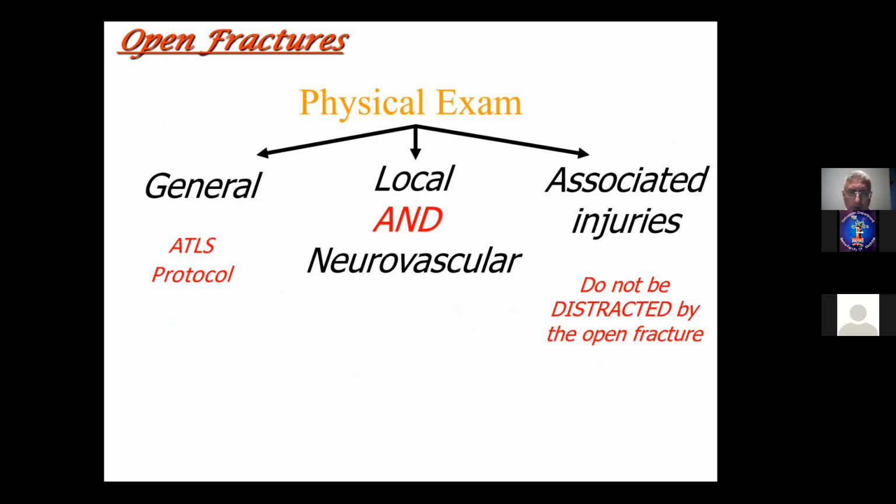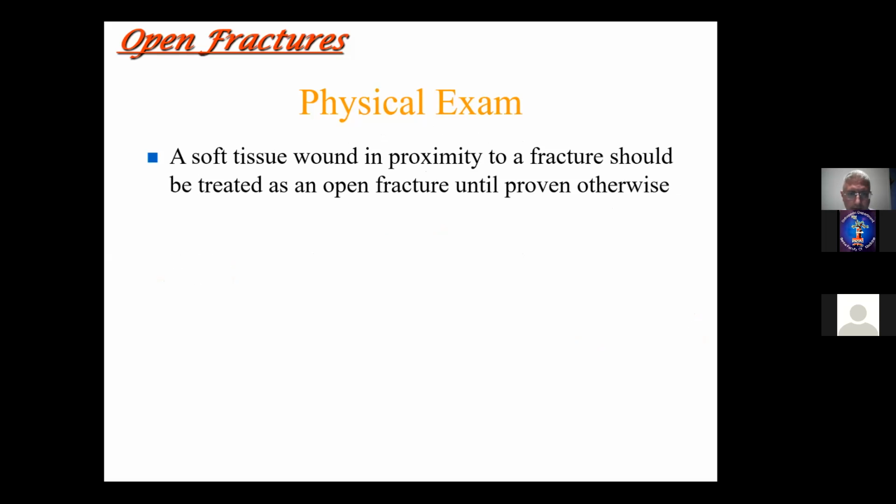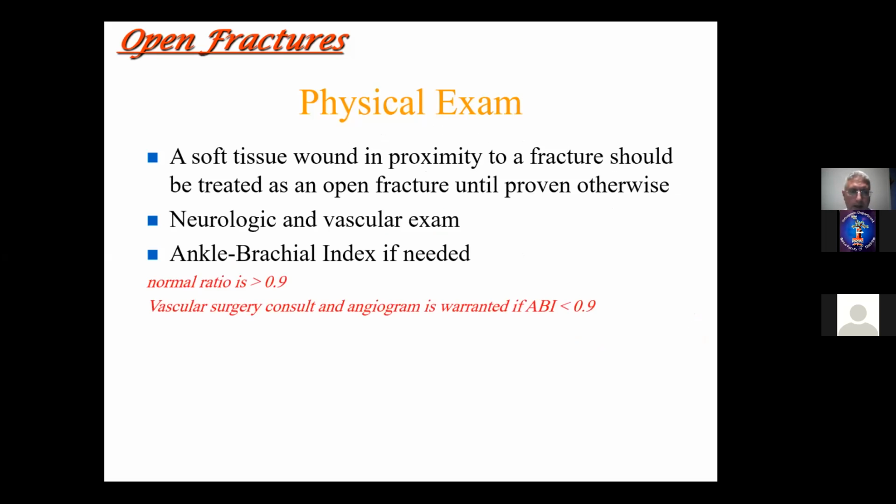This is mostly a high energy trauma. A soft tissue wound in the proximity of the fracture should be treated as an open fracture until proved otherwise. Don't forget the neurologic and vascular examination. And if the ankle brachial index is less than 0.9, vascular surgery consultation and angiogram are considered.